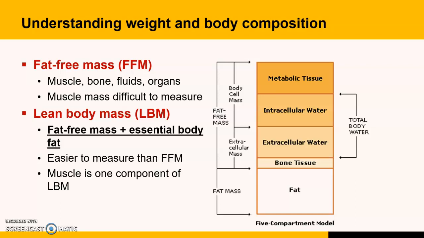Lean body mass ni adalah total amount of all physiologically necessary tissue in the body yang include fat free mass and essential body fat. Tadi kan kita katakan essential body fat untuk perempuan dengan lelaki. So itu yang kita panggil sebagai lean body mass, iaitu fat free mass and also essential body fat.